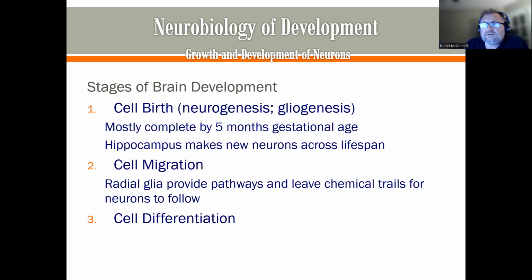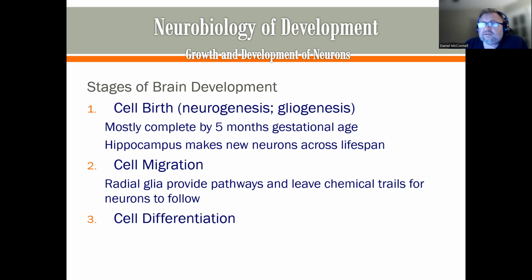Now, as I have noted here, we're going to have all of these more or less present at birth, but technically speaking, a lot of it is done by the time we're 5 months gestational age. So even though gestational age is closer to 9 months in length, the brain is really close to having every cell it's going to have, even by 5 months.